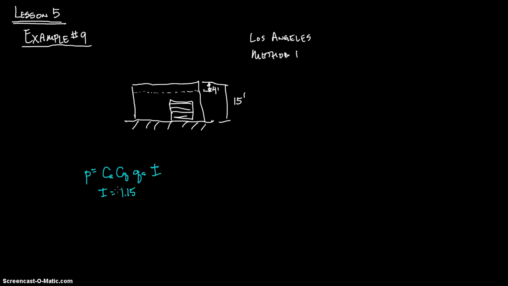Then we go to Ce, which is the exposure factor. We'll go to table 16H. Scratch that, it's 16G for the exposure factor, which for this is 0 to 15 feet, and we said it is exposure B, I believe.